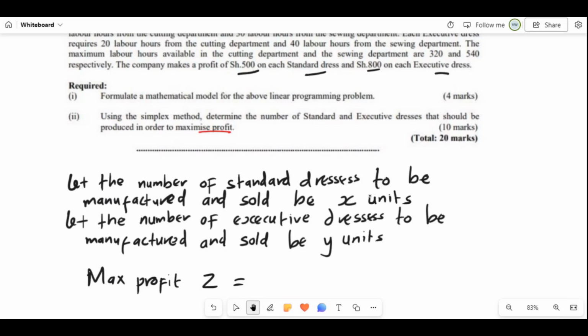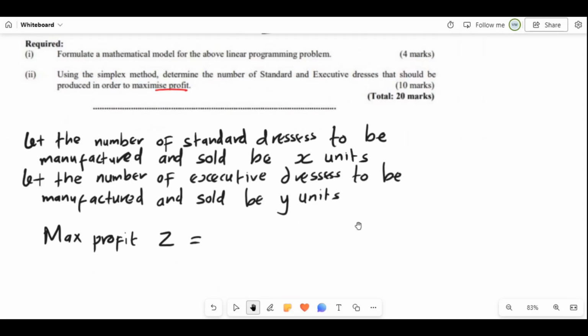Because our standard dress is X and our executive dress is Y, Z equals 500X plus 800Y, subject to, where ST implies subject to some constraints.